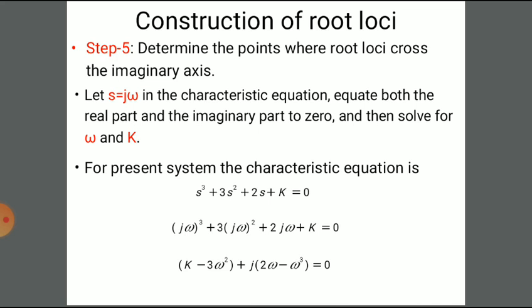Now you have to find out where the root locus crosses the imaginary axis. For the present system, the characteristic equation is given.